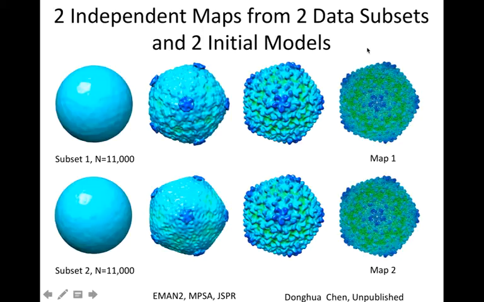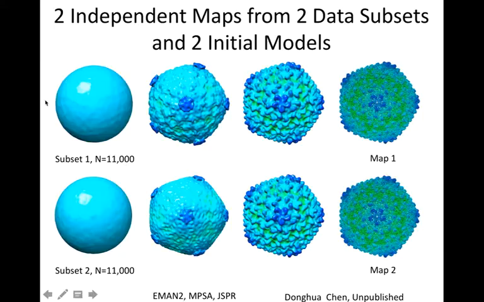And so here are the data processing steps, and we have to generate 2 data sets from the entire data set. For example, in this particular example of P22 phage, we have 22,000 particles, and we split the total number of particle images into 2 data sets, each of them with 11,000 particles.